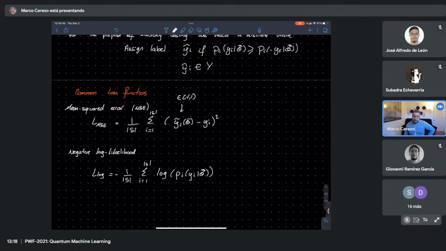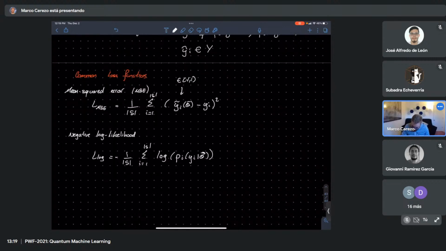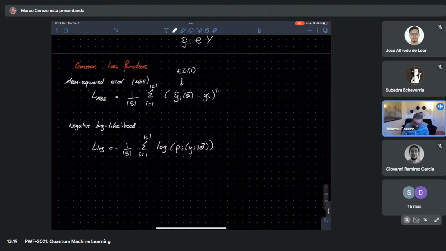So here our loss function is made as a summation of the log of probabilities. So you can see the probability of me assigning the correct label. This right here is the correct label.